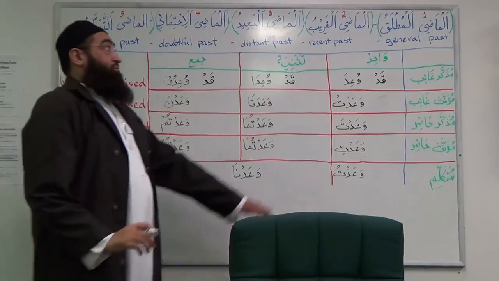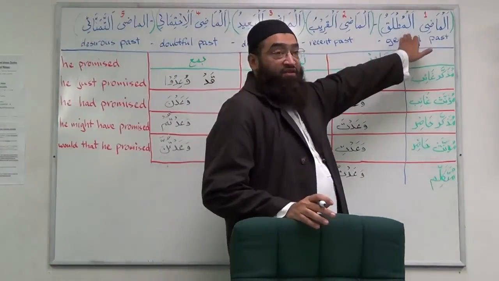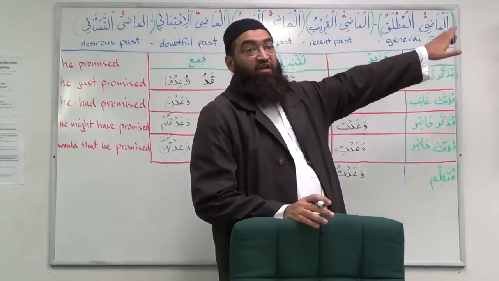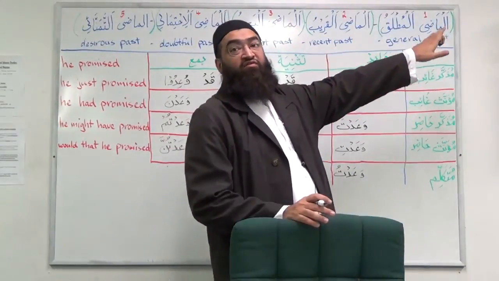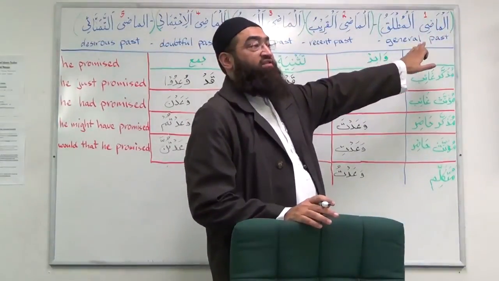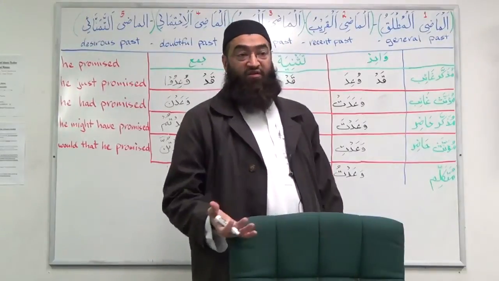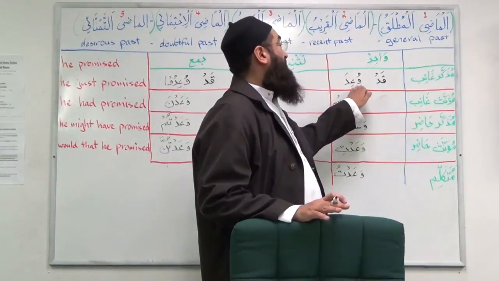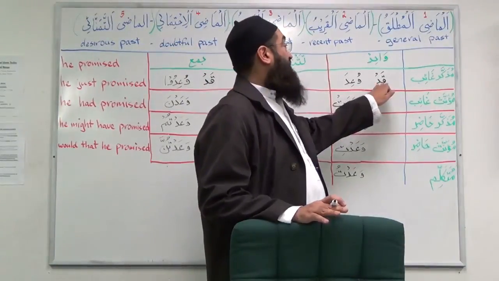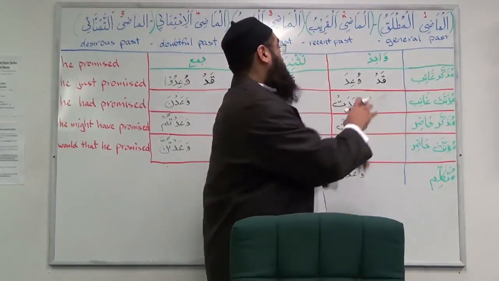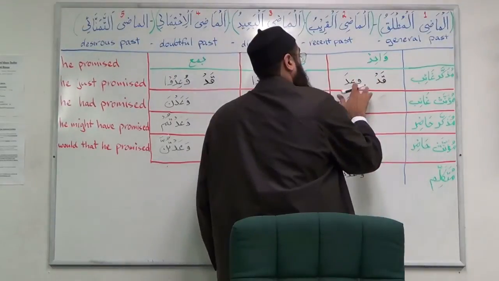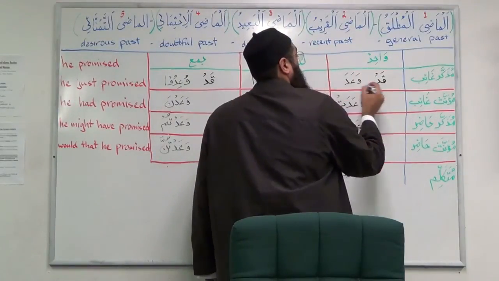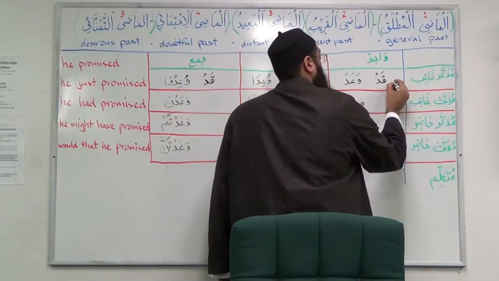Alright. Madi, we mentioned there's an active and then there's a passive, and we also mentioned each active form and each passive form has a positive and a negative. So this was ma wa'ada and ma wu'ida. So now you have qad wu'ida, or let's go back to wa'ada again. And now you're going to put a ma.